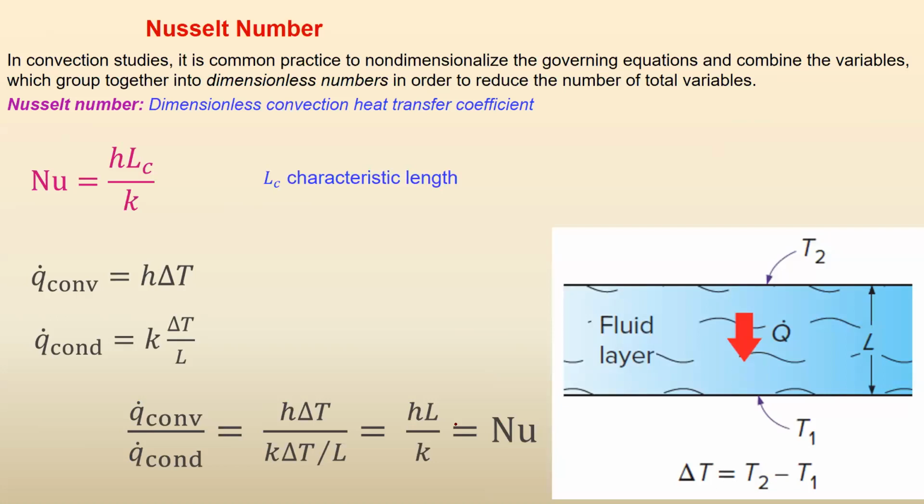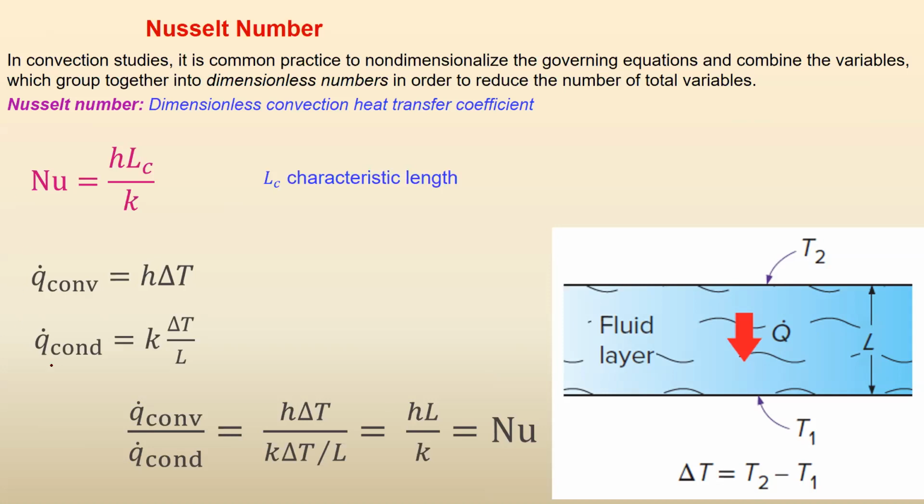And that's why we want to work with dimensionless or non-dimensionalized form of the equations. That's very helpful, because non-dimensionalized form can talk about different geometries or similar geometries, different thermal conditions, is more general. That's why instead of using convection transfer coefficient, we use Nusselt number.